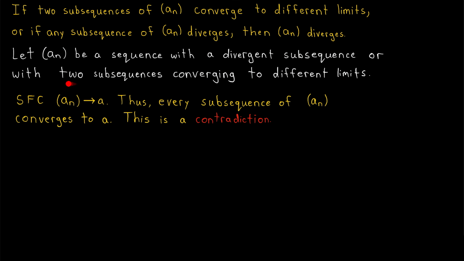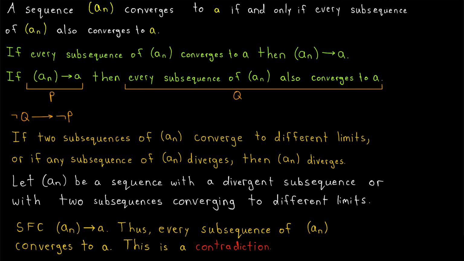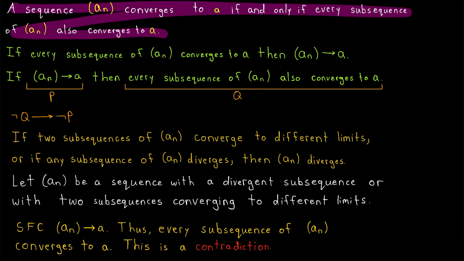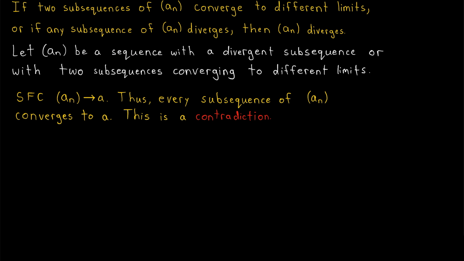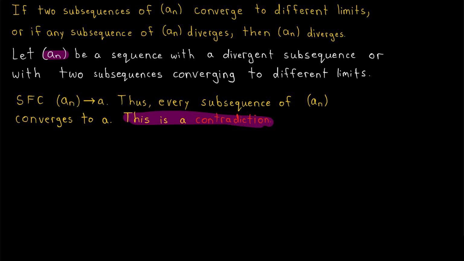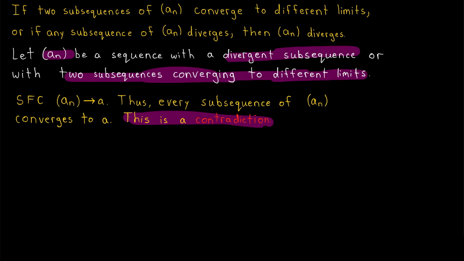All we've got to do is use a contradiction argument. Suppose for contradiction that a_n does converge, and it converges to some real number A. Well then, by our big important subsequence limit theorem, that means that every subsequence of a_n must converge to A. Every subsequence of a_n converging to A, in this case, is obviously a contradiction, because we assumed that a_n had a divergent subsequence, or two subsequences with different limits.